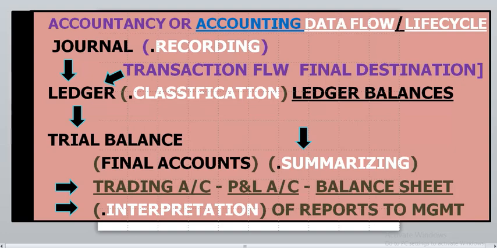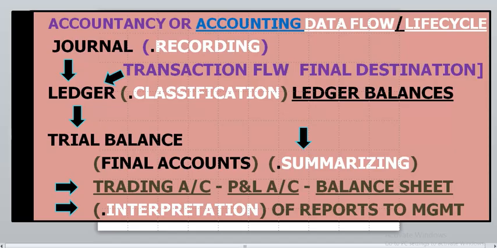That is what is known as classification. After posting to the ledgers, the trial balance is prepared, or the trial of all balances will be checked. One is the unadjusted trial balance and the other is the adjusted trial balance. Adjusted trial balance means all the adjustments are done, then the trading account, profit and loss account and balance sheet will be prepared. This is how the accounting life cycle can be understood.